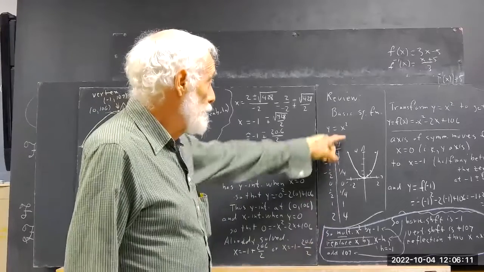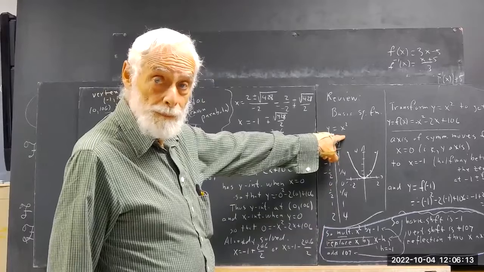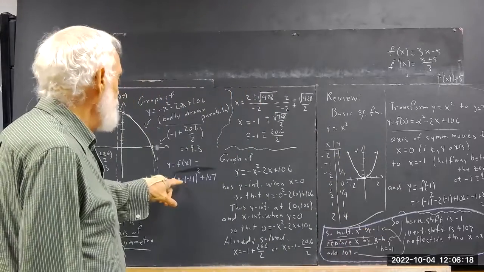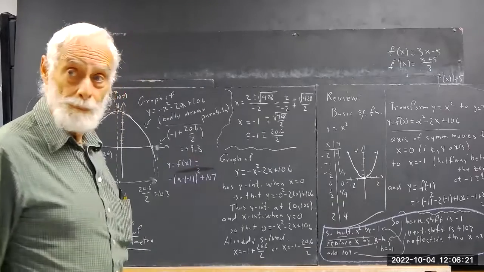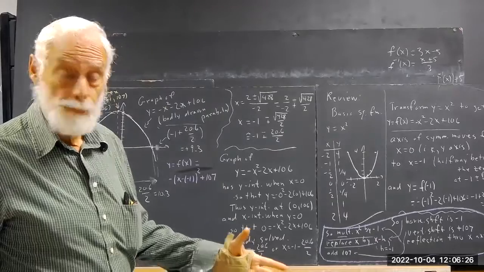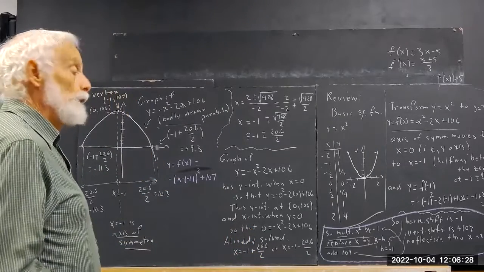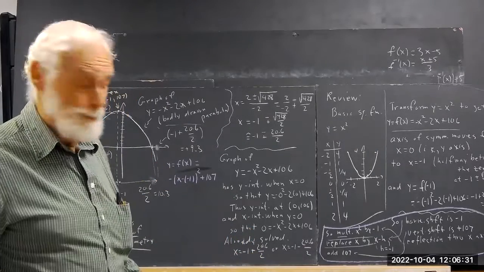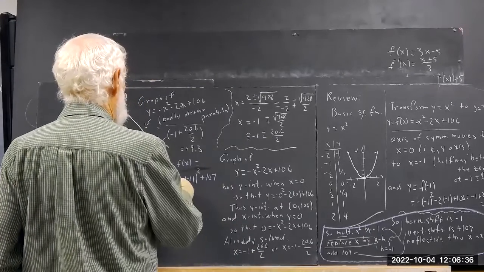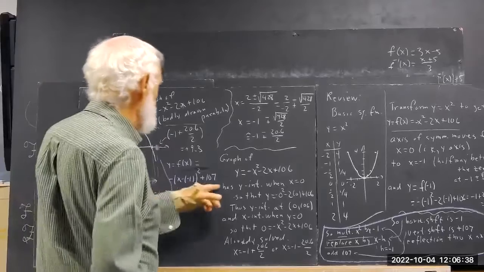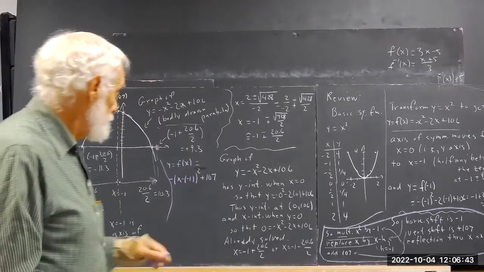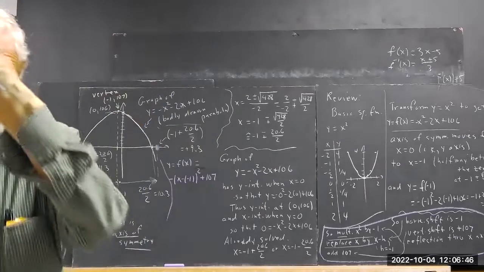We multiply by -1 to get negative x squared. We replace x by x minus h, which is negative of x minus -1 squared. And then we add 107. Those are our transformations. And this is what's going to be called the vertex form of the parabola, or the quadratic function. Work this out. Expand this, multiply it out, and simplify it and see what you get.